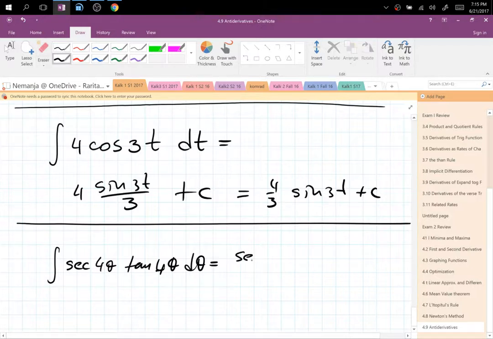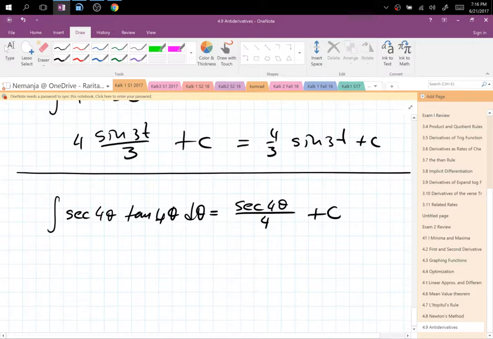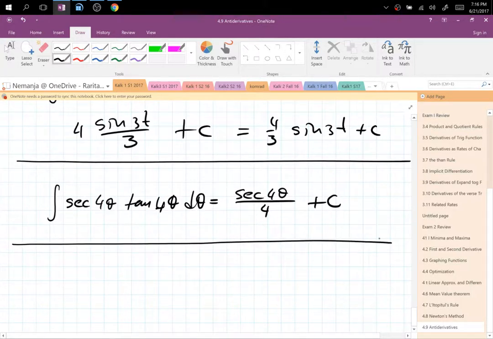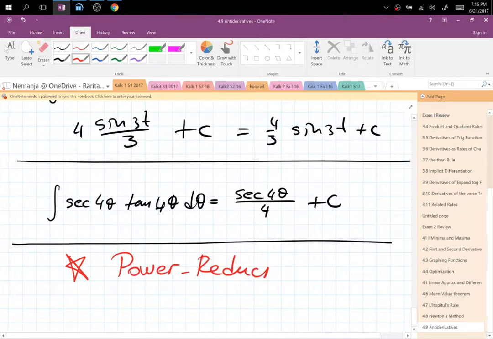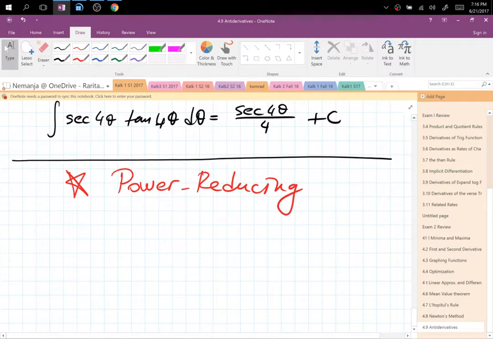All right, so now this is going to be something extremely important. You need this in Calc 2, Calc 3, you need this in the future. It's the power reducing formulas.